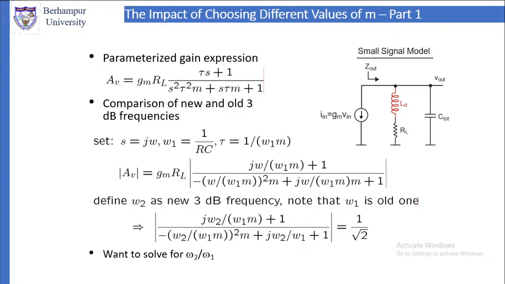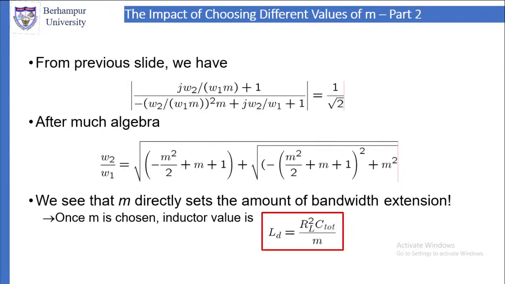We have to solve for omega 2 by omega 1, because omega 2 is the new frequency, and omega 1 is the old frequency, which is 1 by RC. Omega 2 by omega 1 we have to find out.